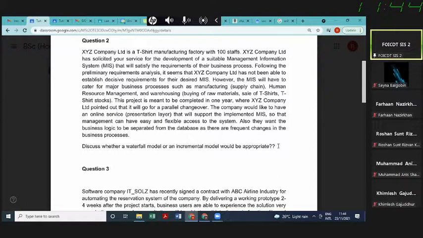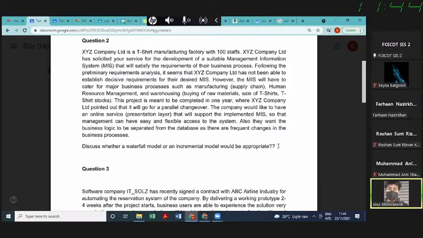Is that okay? Yes. Sir, how do we write our answers? Can we write in bullet points, or do we have to give long answers? It depends. There is a difference between list, explain, discuss, compare, and contrast. If you are asked to list 5 advantages or 5 reasons why you're going to choose the incremental model, then you write in bullets.